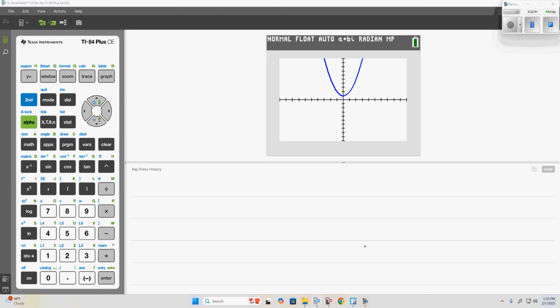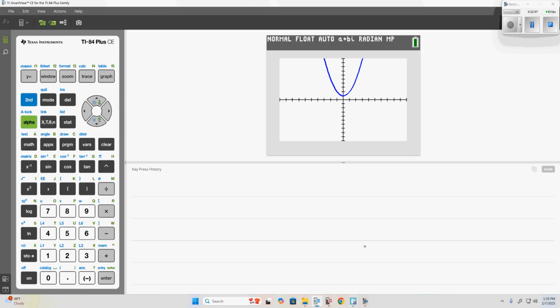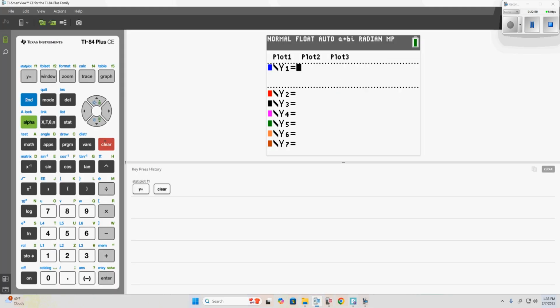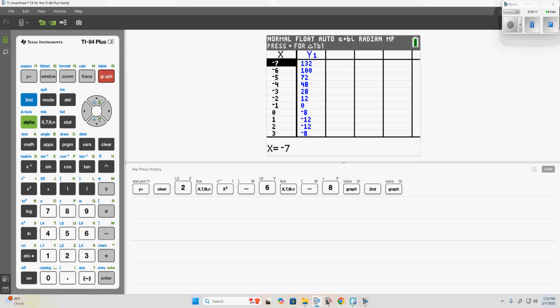We could have also graphed this quadratic equation, 2x squared minus 6x minus 8. So we could have gone y equals 2x squared minus 6x minus 8. Graph. We do see that it crosses the x-axis at 2 spots, which are negative 1 and 4.